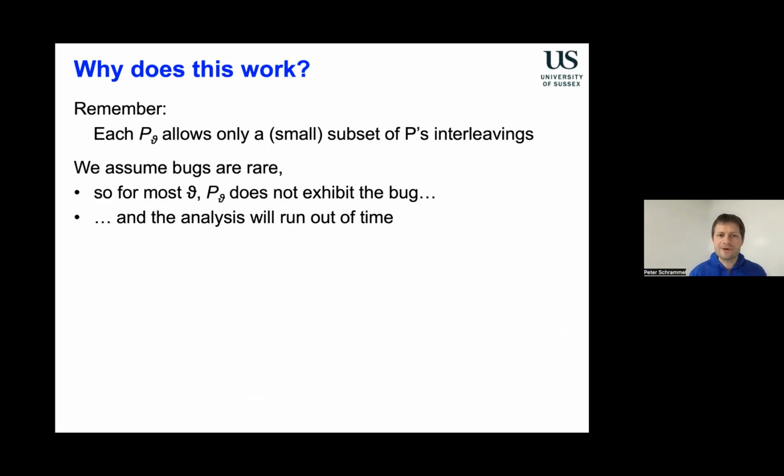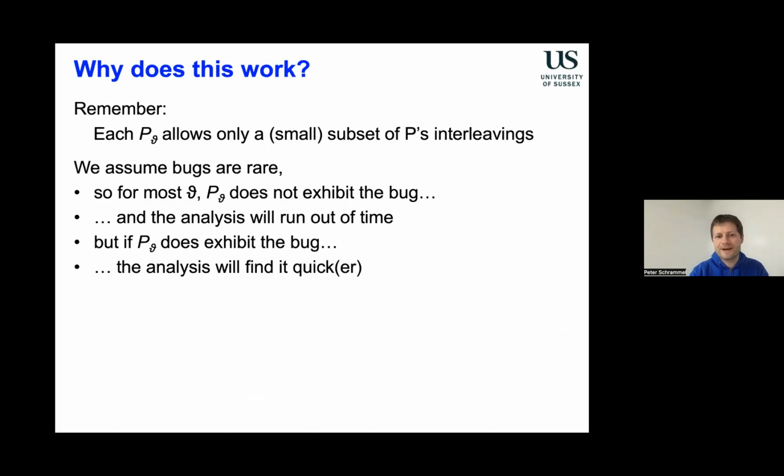On the other hand, the bugs that we're looking at are very rare. So if the instance has only very few interleavings, the probability that one particular instance exhibits the bug is relatively low. So most of the instances will just run into the timeout. But those instances that exhibit the bug will find the bug very quickly because the instance is small.